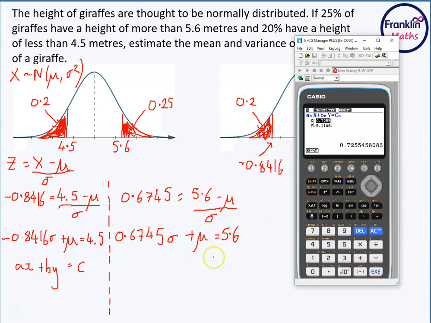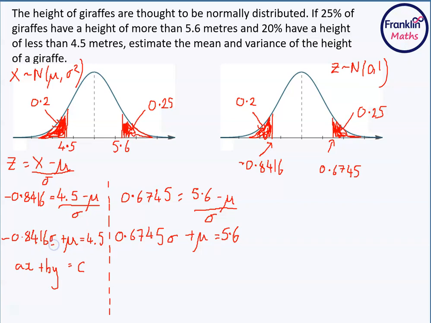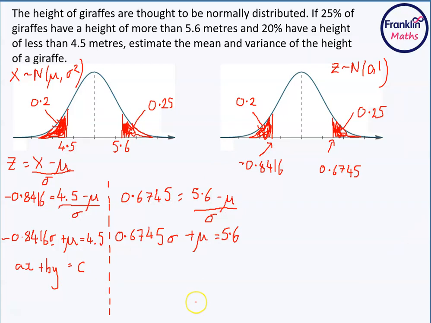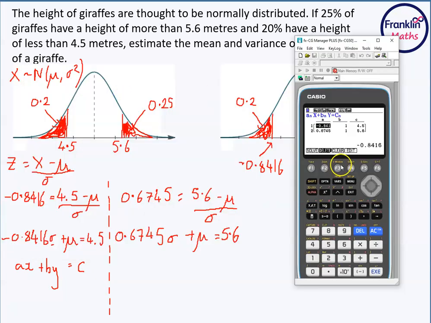And there come two values. Let me just jot those down. I'll just take a couple of significant figures for these. Remember from the calculator, this value comes from the front of the sigma, and the other comes from the mu.